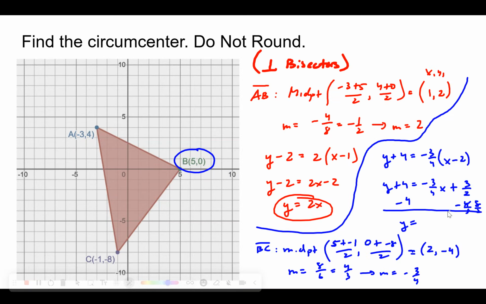That'll combine with the 3 over 2, so y equals negative 3/4 x, and then 3/2 minus 8/2 is negative 5/2. There's our second equation. Now we need to take these 2 equations and solve a system involving them.